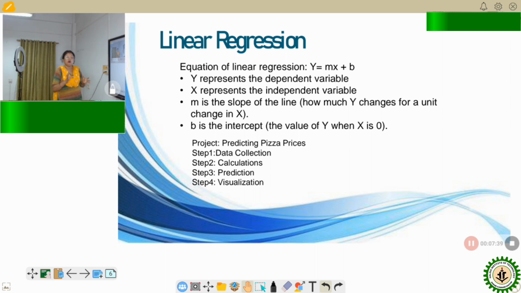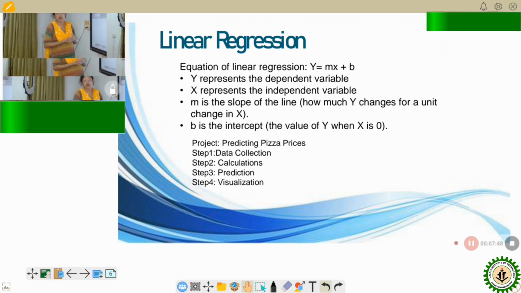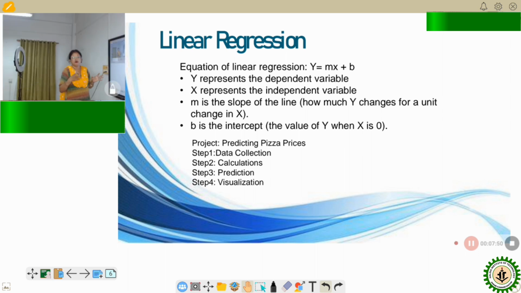First, you go to the shop and collect the data. You ask the diameter of the pizza and what price it is.